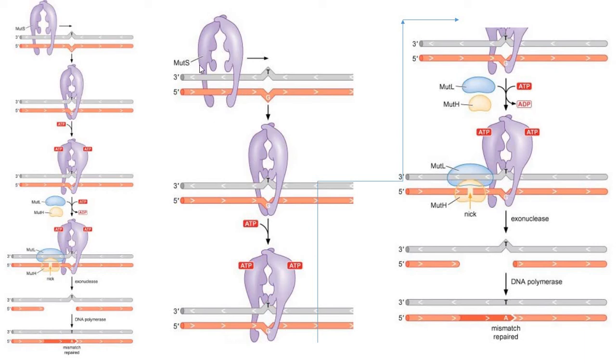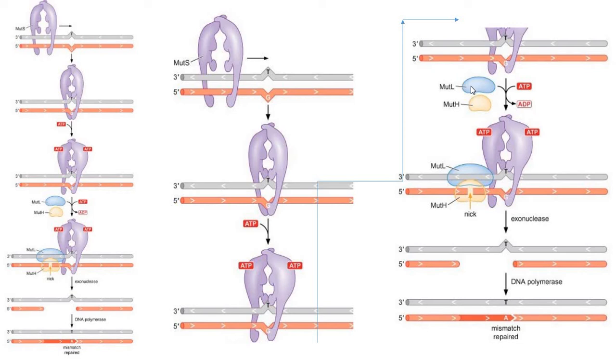Anyway, this MutS dimer, these two proteins, are scanning the DNA molecule. It finds this problem, this incorrect pairing in the DNA, and it stops there. It holds on to this wrongly paired nucleic acid. Once it stops there and finds this problem, it will recruit MutL.